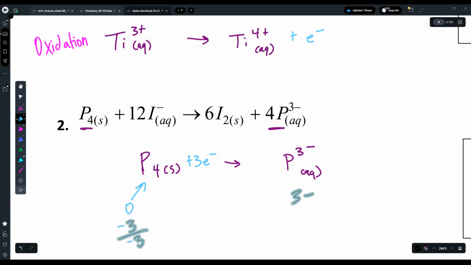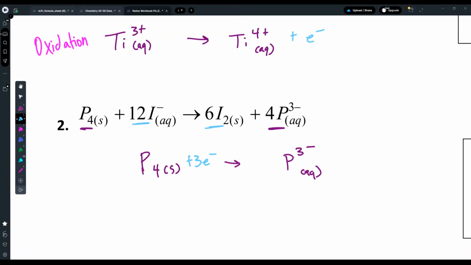For the other half reaction, we're going to be looking at our iodide ion turning into iodine. So that's going to be iodide, aqueous, and then iodine.